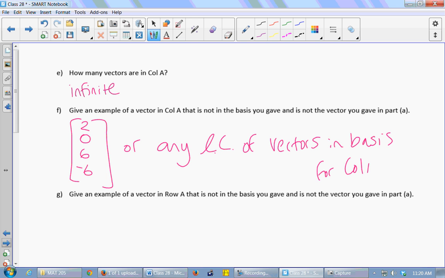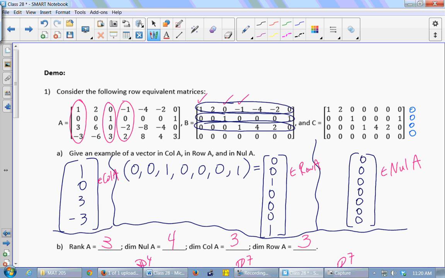Okay. How about a vector in row A that's not in the basis you gave and not the vector you gave in part A? Row A is not the 0 vector. No, I guess it could be the 0 vector.